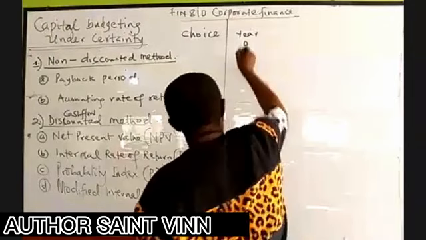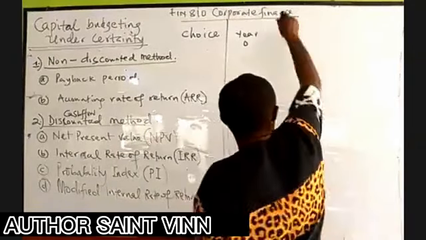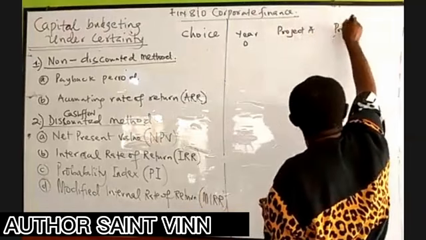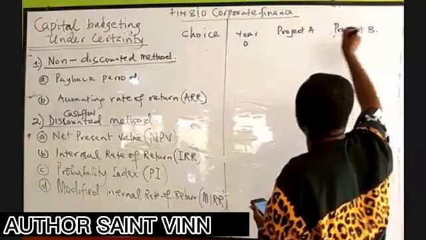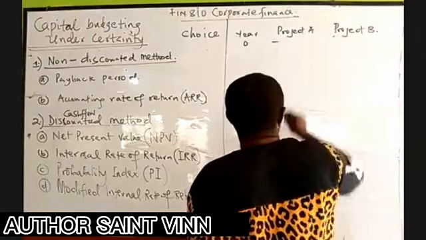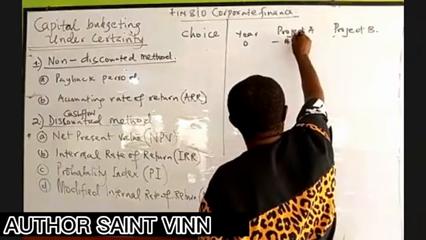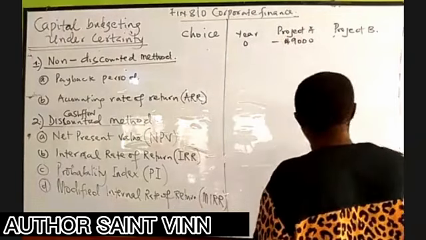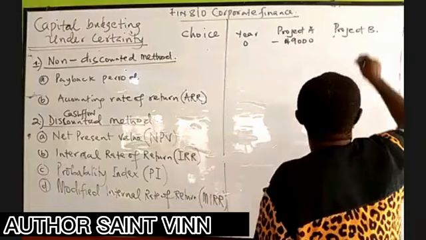This is the question. Year 0 or year 1? Projects. Project A. This one is costing us 9,000 to execute. Year 0.